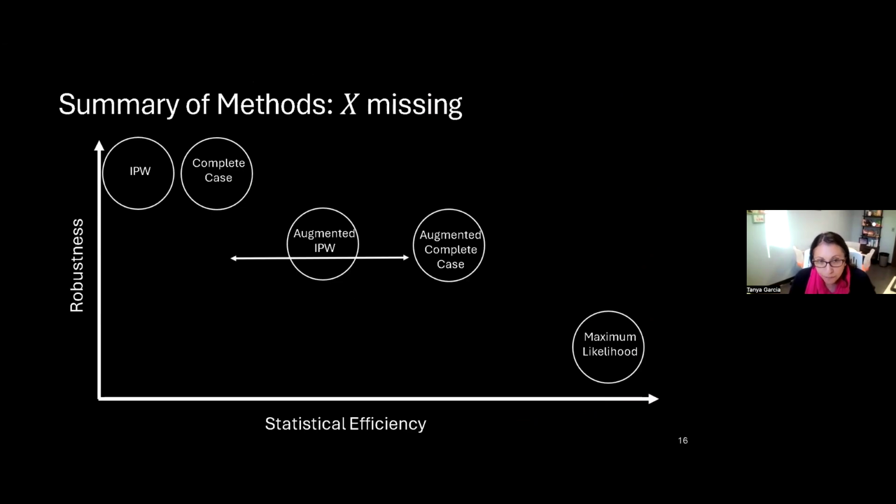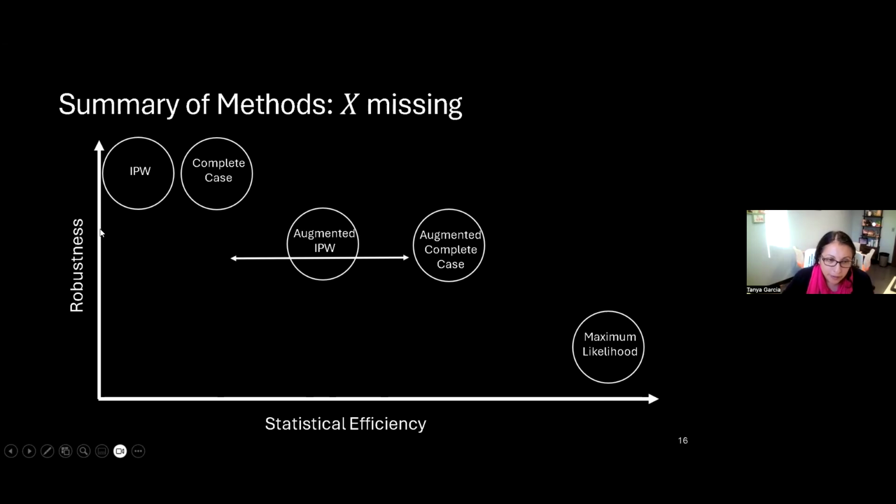So we dug deep into these methods with that beginner's mind, and we identified 5 different methods from the missing data literature and saw how they differ when the problem is right-censored. So we looked at these methods in many different aspects, and two of those aspects were something called robustness and statistical efficiency.